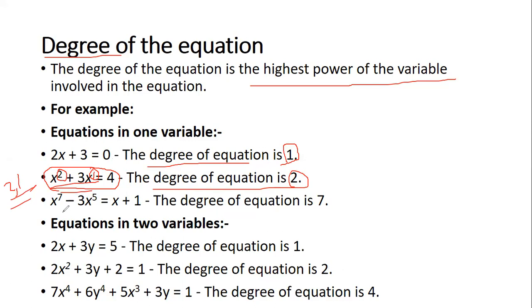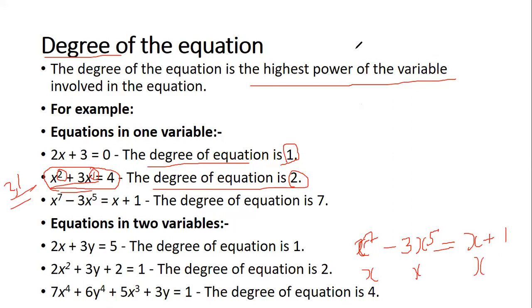Okay, now let us see this third equation. X to the power 7 minus 3 into x to the power 5 is equal to x plus 1. This is the equation given. If you see here, there is x here, there is x here, and there is also x given here.